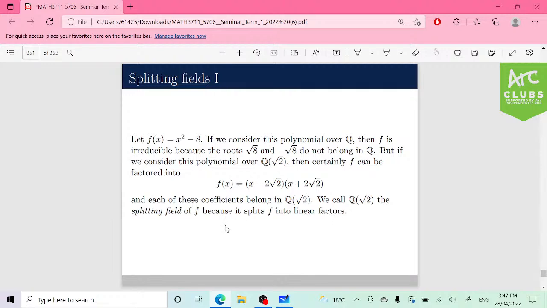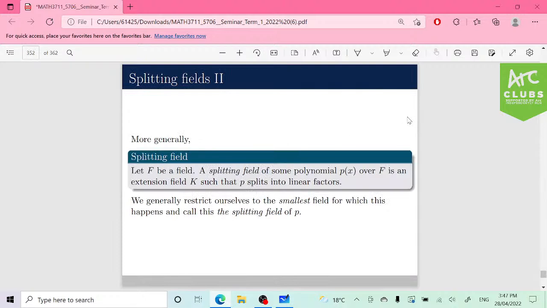So what we would like to do is reserve the smallest field to be the splitting field, because you can certainly have many different splitting fields, but there's only precisely one smallest splitting field. So let's have a look at the proper definition of a splitting field now. A splitting field of some polynomial p is an extension field K such that p will split into linear factors.